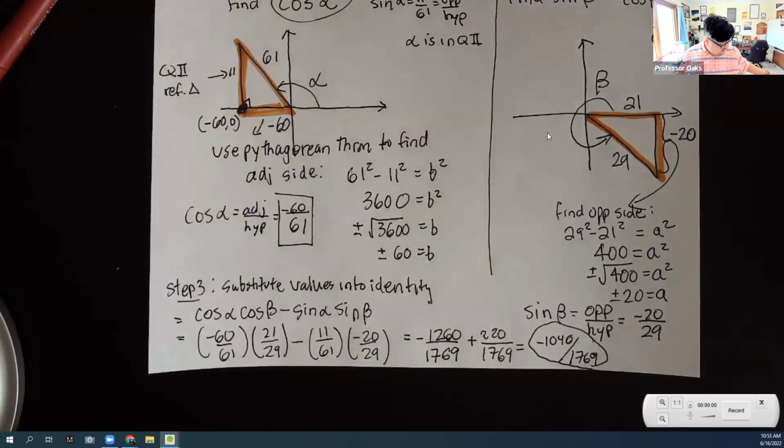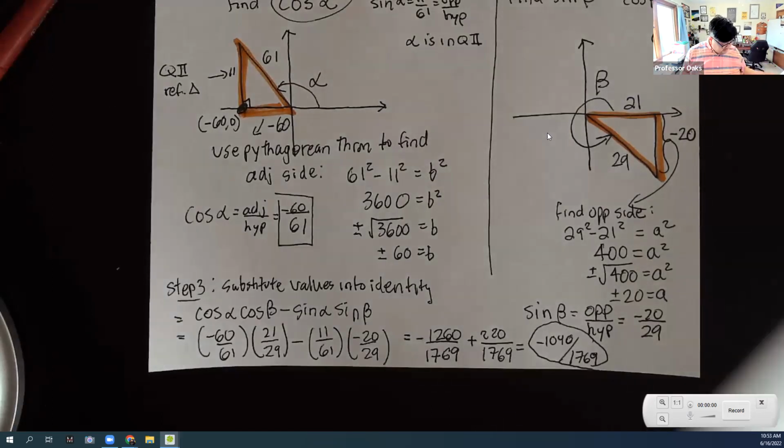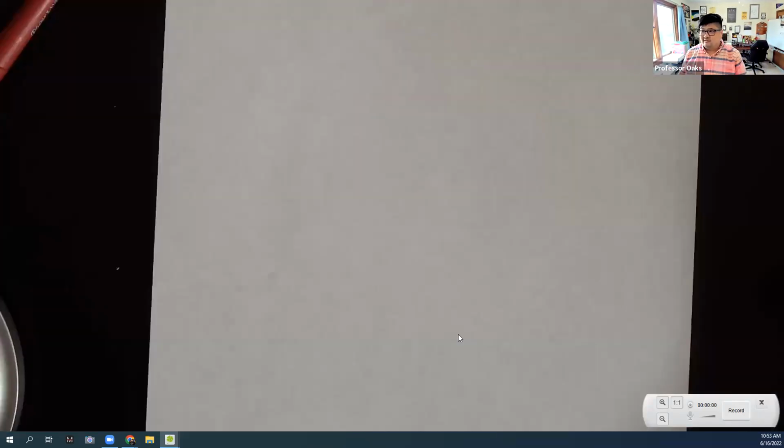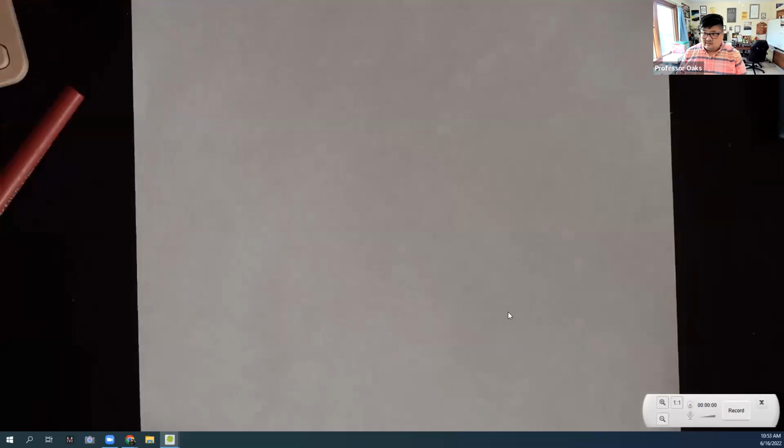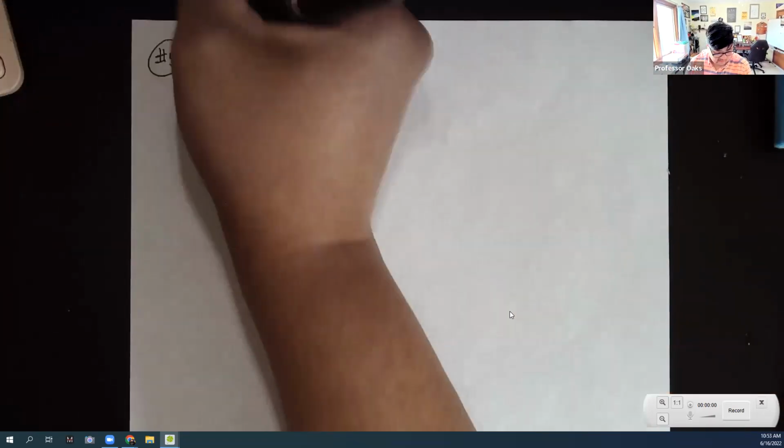Let me look at the next one then. And this one will be number 5. This one is actually even easier than that one, as you'll see in a second. So it says number 5, I'll do it still from 8.3.